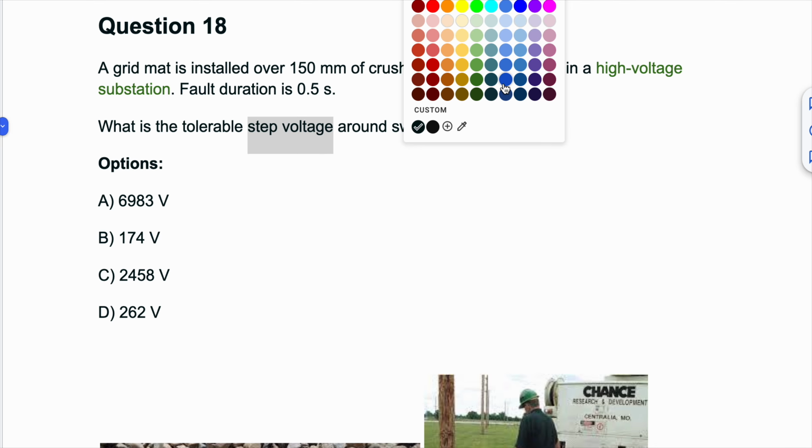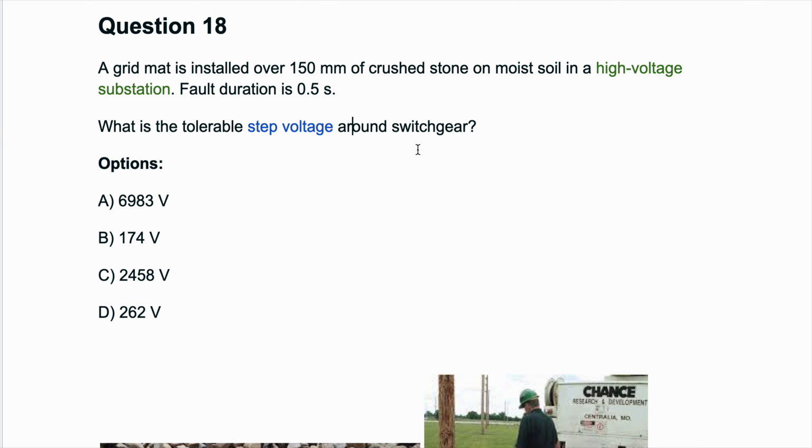The step voltage is a very important phenomenon in high voltage substations, and also for lightning. When we have lightning or arc fault in high voltage substations, or in telecommunication stations on the peaks of mountains, we have continuous lightning maybe every season.